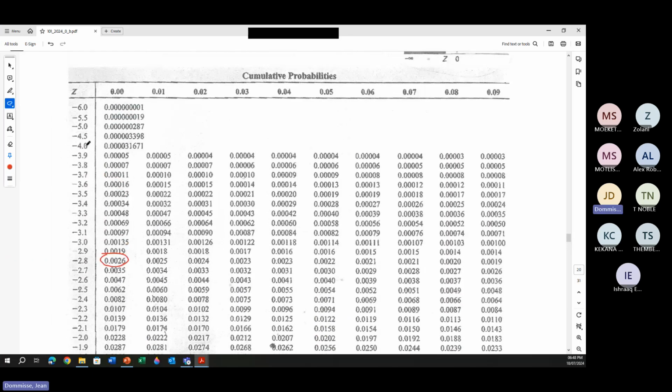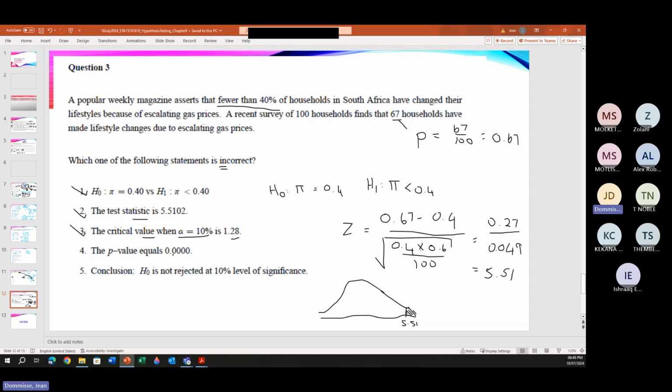So you can see there is Z 5.51, they don't even show it, because look at that, 0.00000, so 1, 2, 3, 4, 5, 6 zeros. So we can add more zeros. So that is very small.